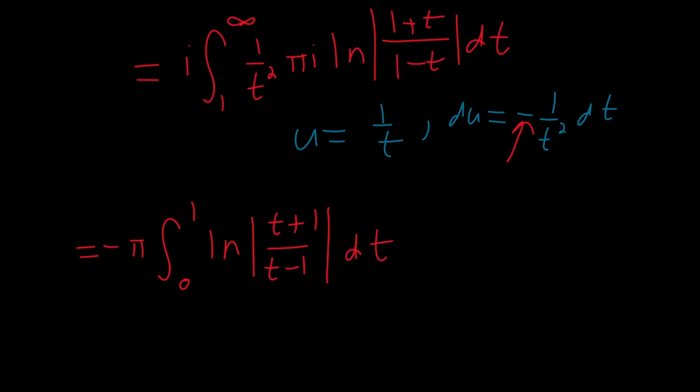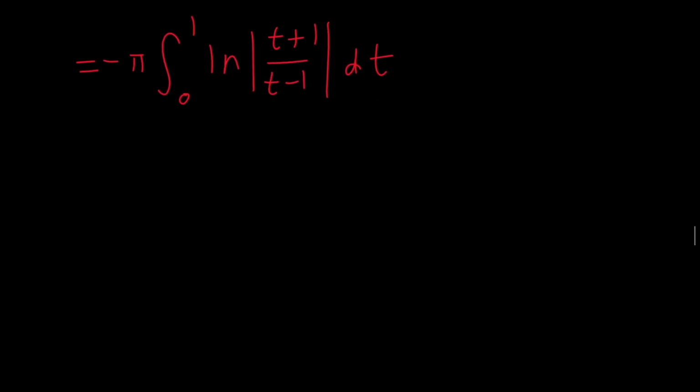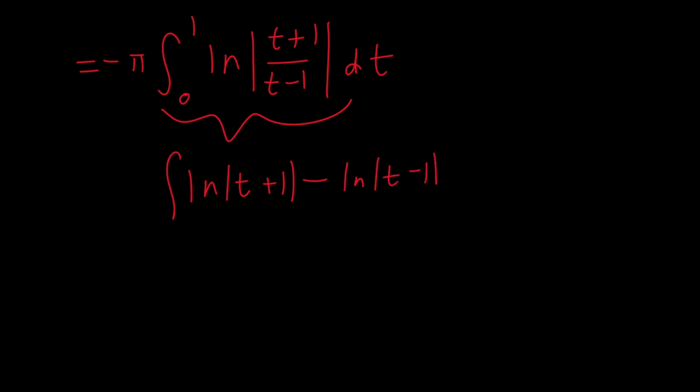dt. And now we can just straight up evaluate this integral using really just BC techniques, like Calc 2 stuff. So I'm just going to omit the minus pi for now. We have natural log of t plus 1 minus natural log of t minus 1, the absolute values, of course, integral from 0 to 1 dt.